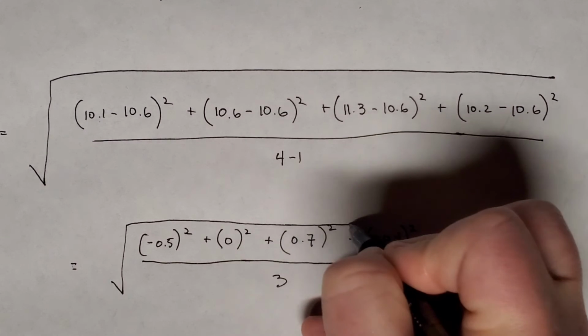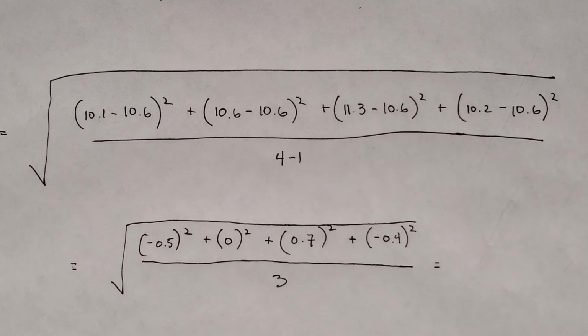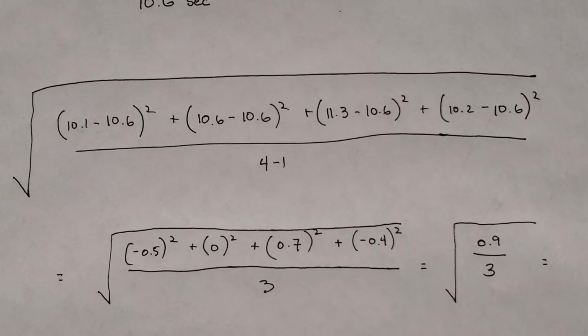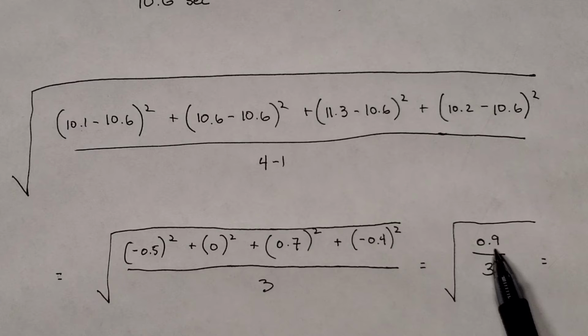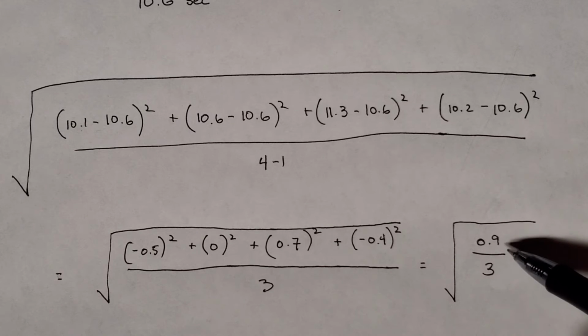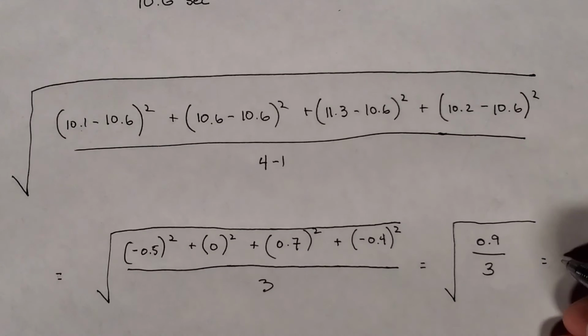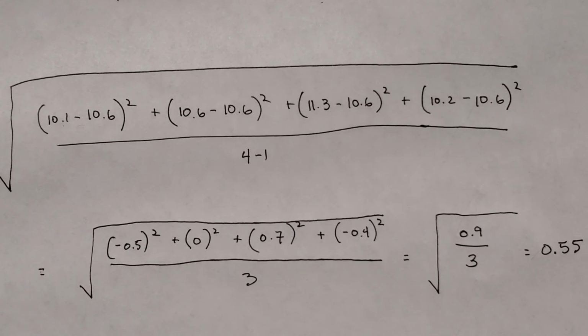And so when we perform this calculation here, what we're going to find is the answer for our standard deviation. Okay, so I've calculated out this equation here. I've gotten 0.9 over 3. And if we take the square root of this, then we are going to get the value of 0.55. And so that is our standard deviation for this equation.